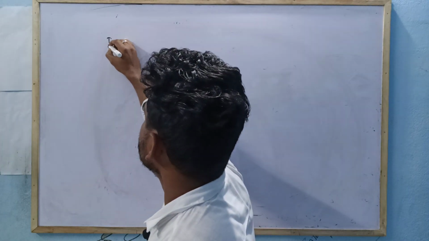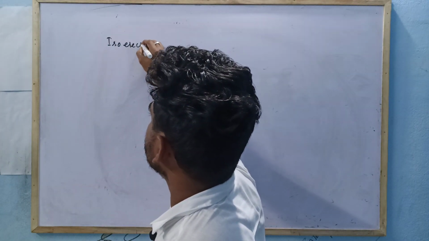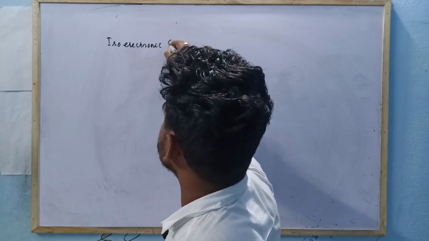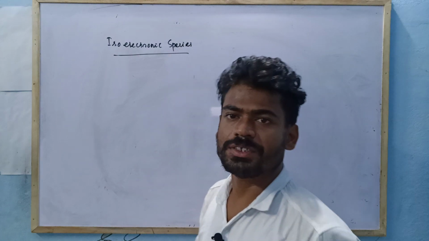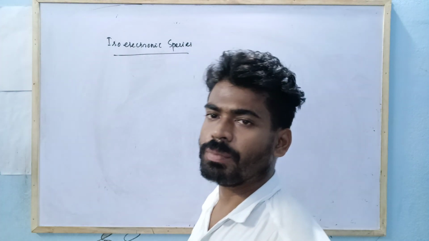Isoelectronic species. So these are the species particularly having the same number of electrons.